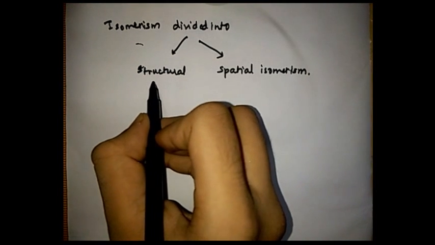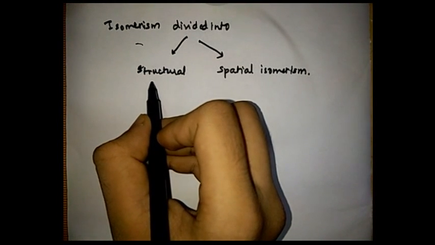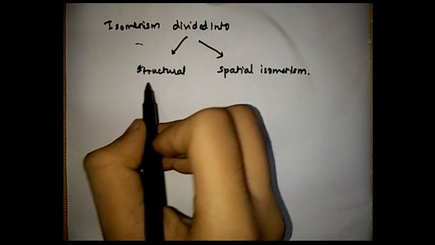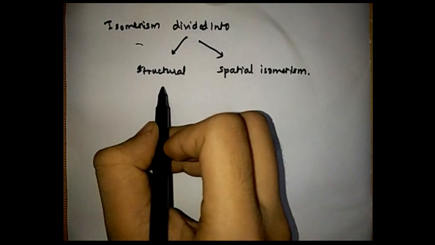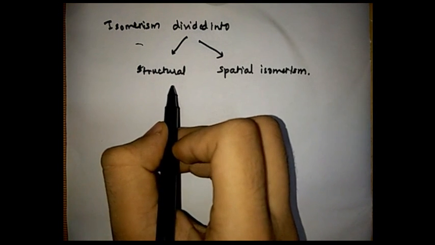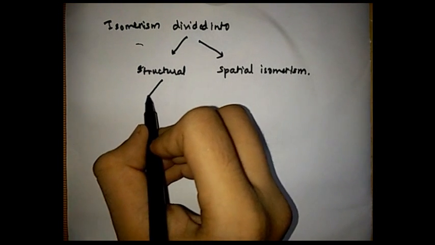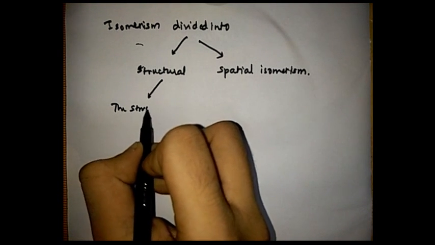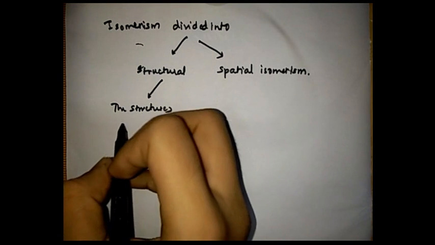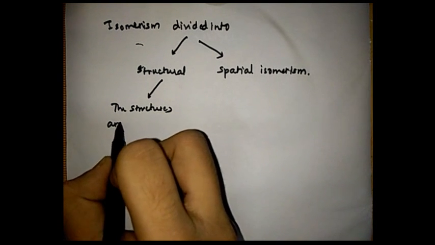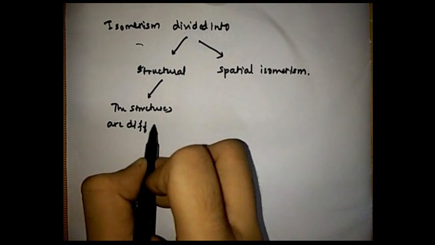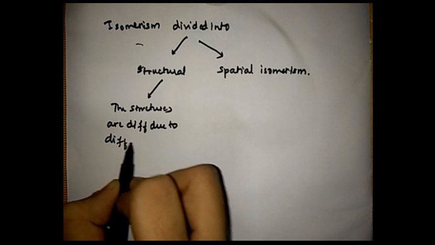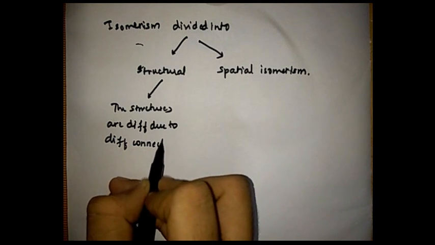What is meant by structural isomerism? In structural isomerism, the molecules have different structures due to different connectivity.